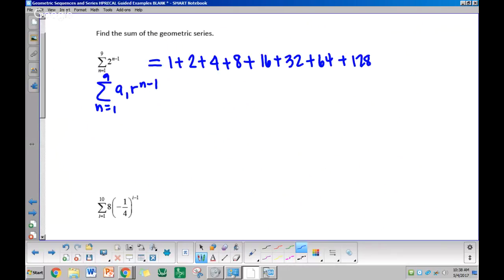Oops, that's 128. 256. That's the 9th. So this is term 1, 2, 3, 4, 5, 6, 7, 8, 9. There's 9 terms there, right? So what do you get when I add those all up? 511? Okay.